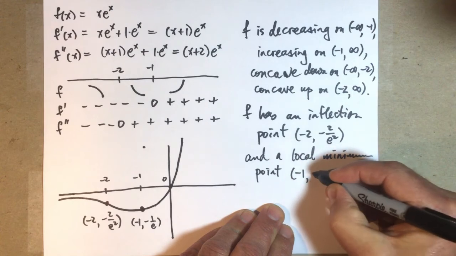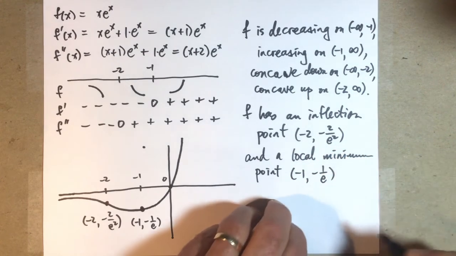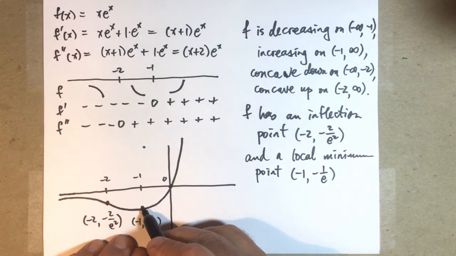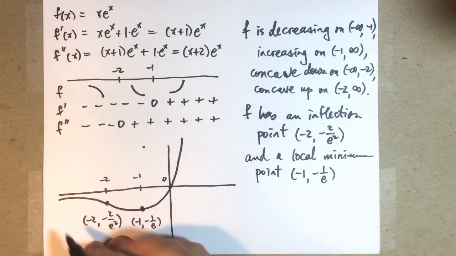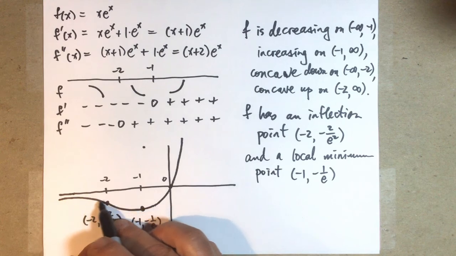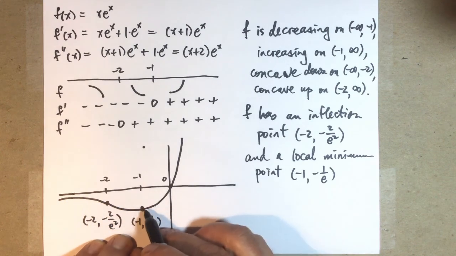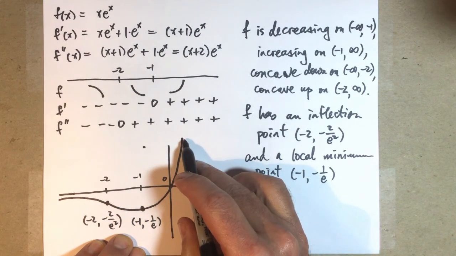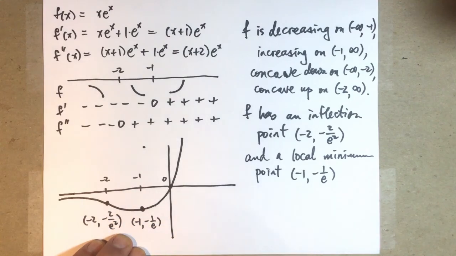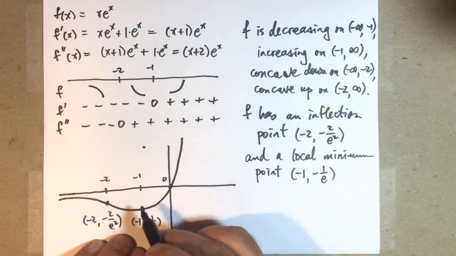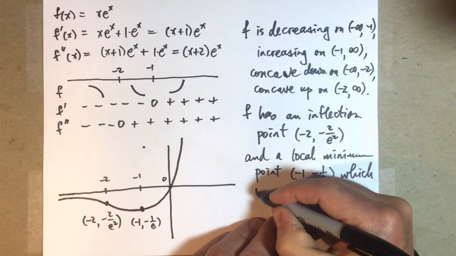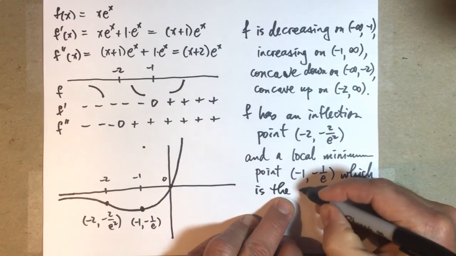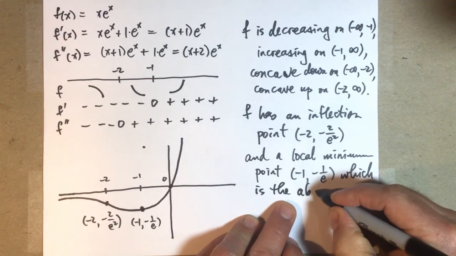The value there is -1 over e. And since it's the only local minimum, that is the absolute minimum. So you notice here that the function decreases up to this point and increases after that. So that tells you that this is an absolute minimum. The absolute minimum is the only place where it happens.